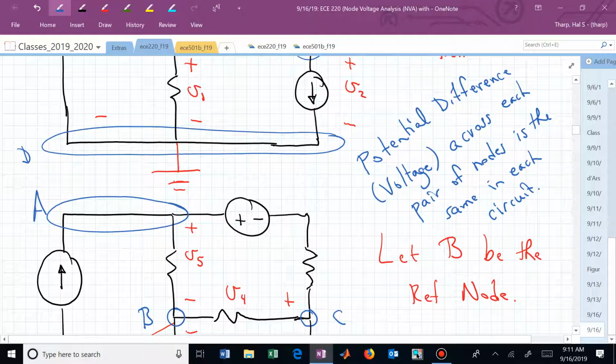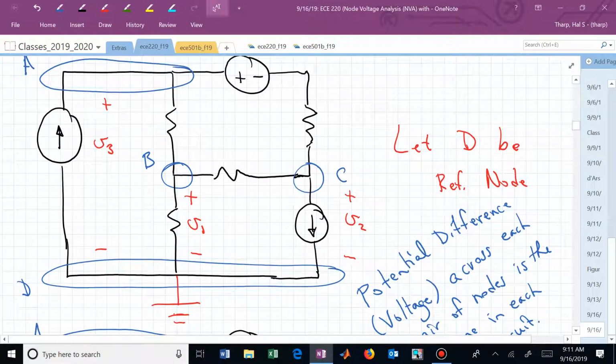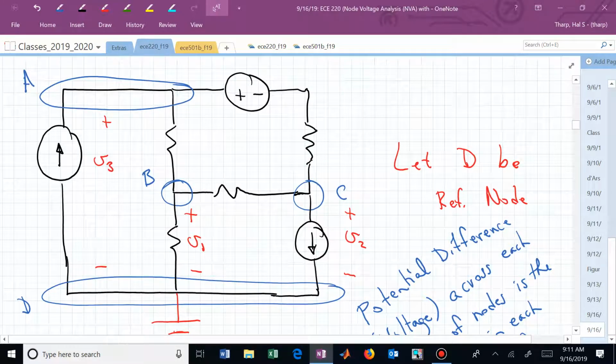It's the same circuit. Now if I measured the potential difference between A and B, that better be the same in both circuits. It's exactly the same circuit. But I've labeled them differently because I have a different selection of the reference node in each particular network. Now, relative to this circuit, what's the potential difference between nodes A and B?